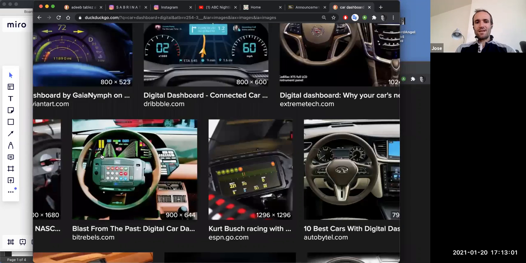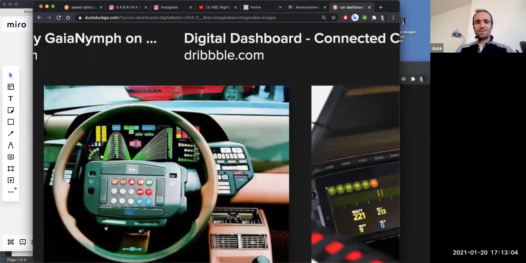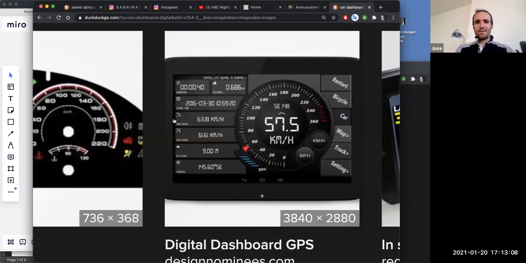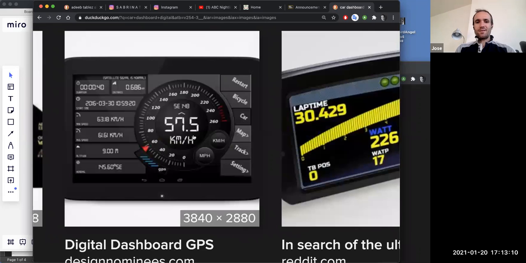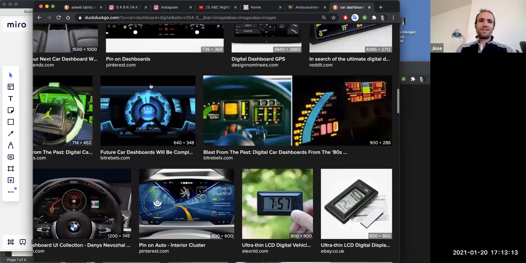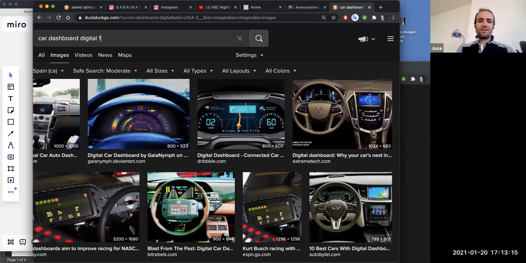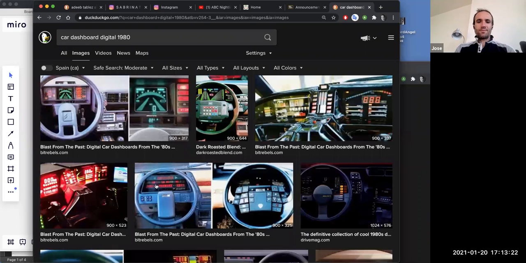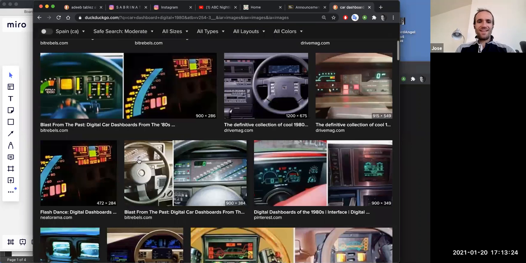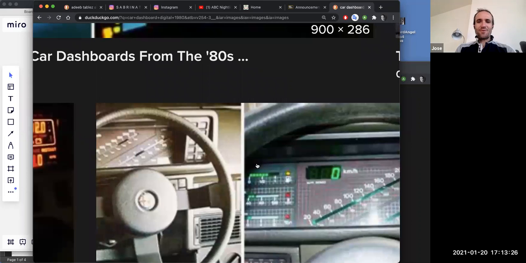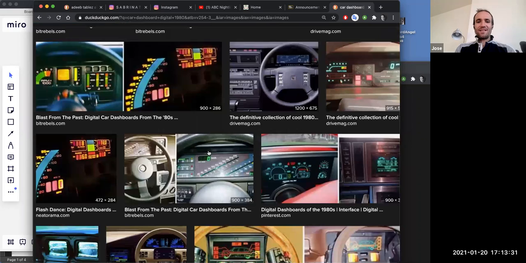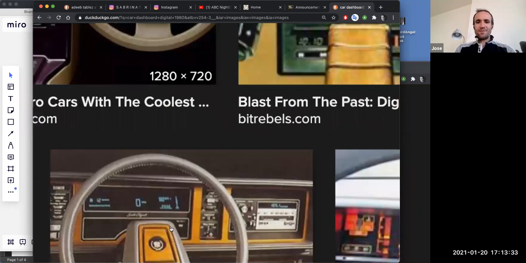Or fancy things like this. And with numbers, for example. And there's a famous one from 1980, where you would display numbers or like this, okay? Or like this one, look at this one, you get it?